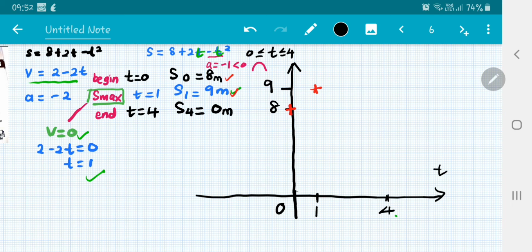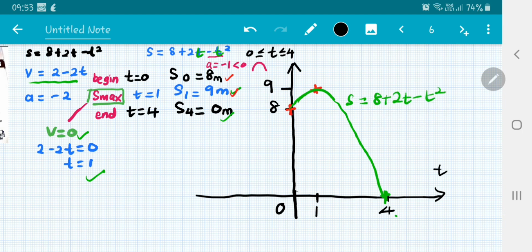The maximum point is at (1, 9). Then you join, and this is our curve. Done. So this is the graph of s = 8 + 2t - t².